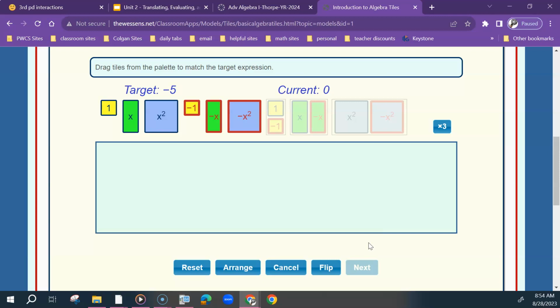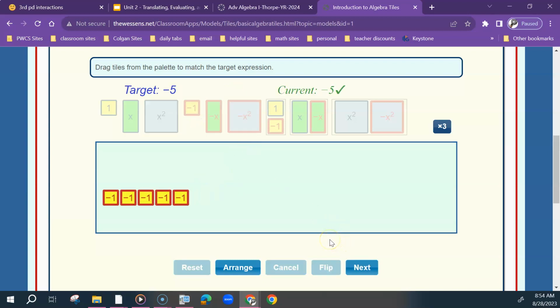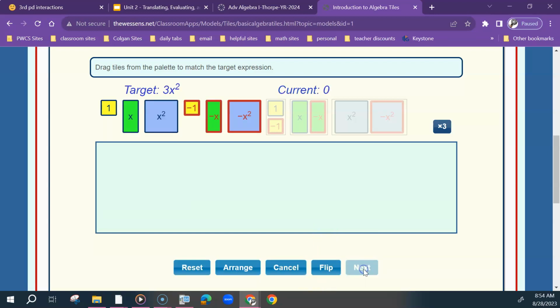Go ahead, Ashley. 5, -1, so the smallest square, but 5 of them. So you would get out 5 of your smallest squares, make sure they're all on red, because if you have any positives, that would be different. Alright, what about 3x squared?